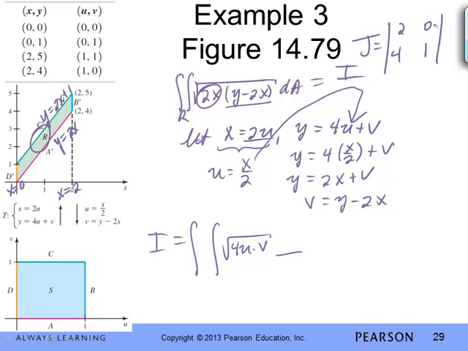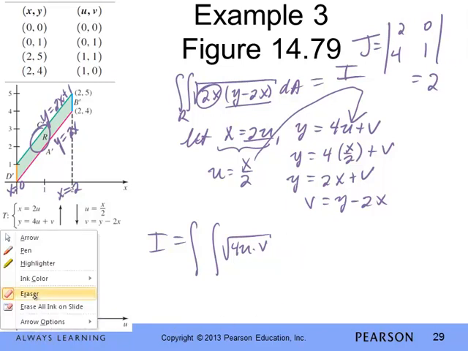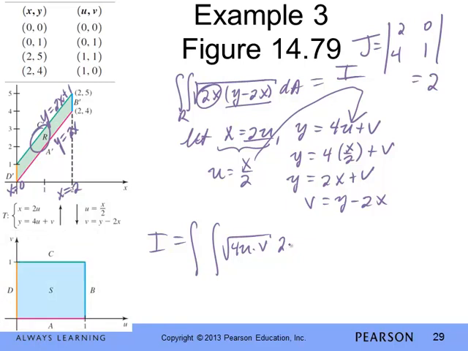So 2 minus 0 is 2. So the Jacobian is 2. So we'll plug in 2 for the Jacobian within the integral, and then times du dv.